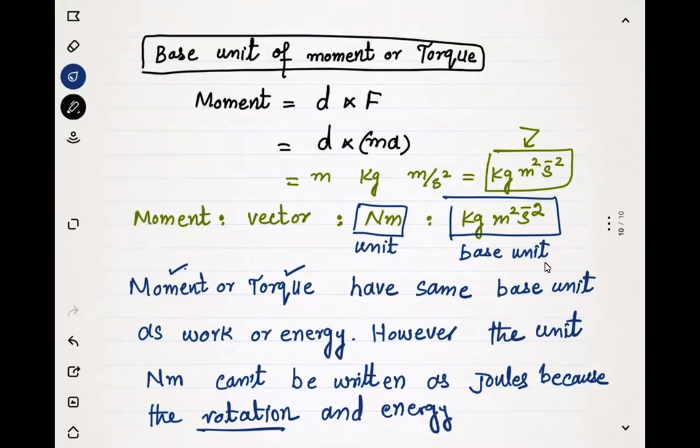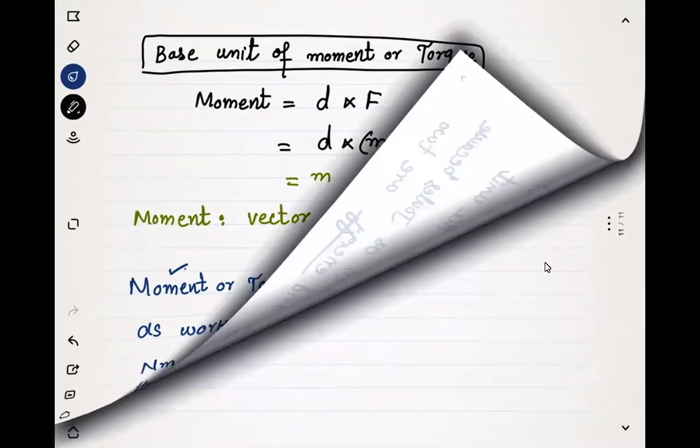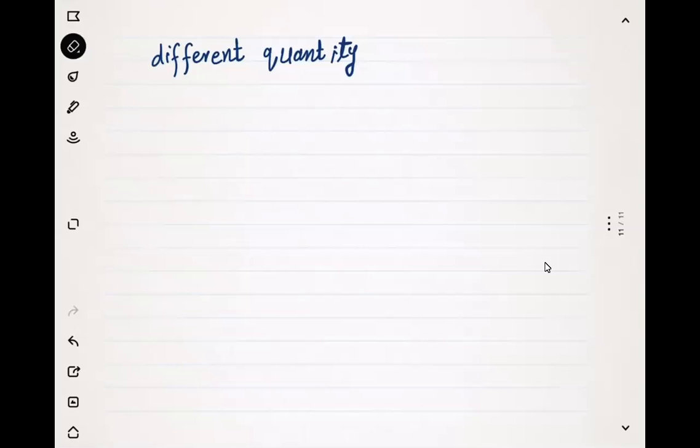Moment represents rotation and joule represents work, represents energy. So the rotation and energy are two different quantities by nature. So if Newton meter is representing the rotating effect of a force, that is moment, then they are totally different. You cannot even add or subtract them. So they are totally different quantities. So this is all about moment or torque.